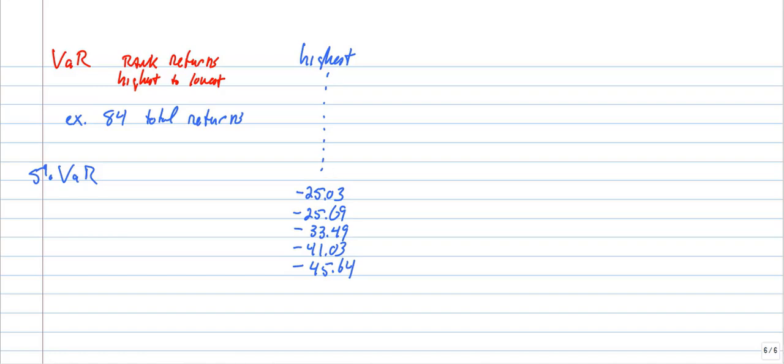We've got 84 returns. And so if we take 5% of 84, 0.05 times 84, what we're looking for is the return that would fall at position 4.2.